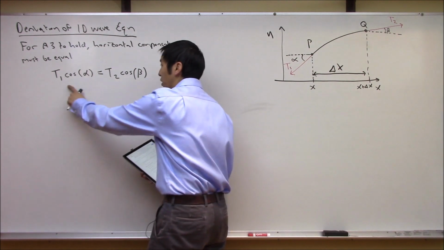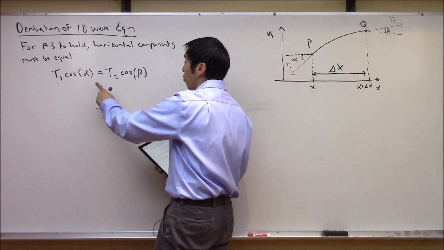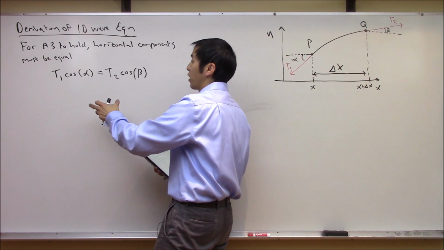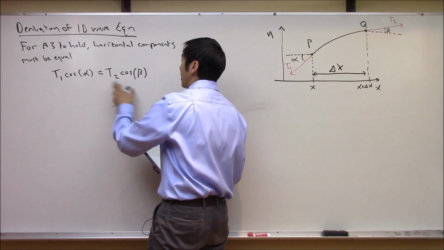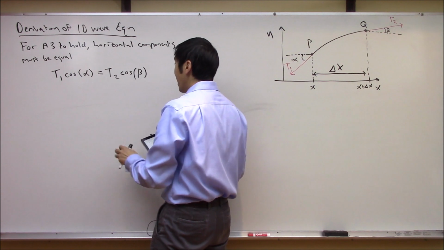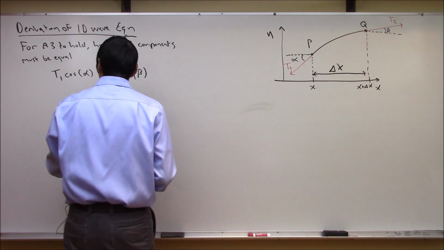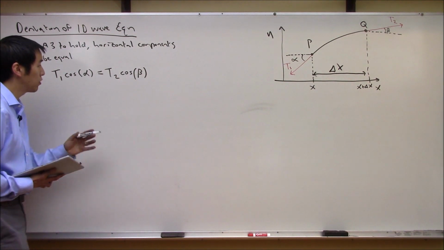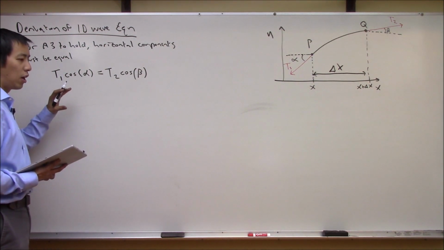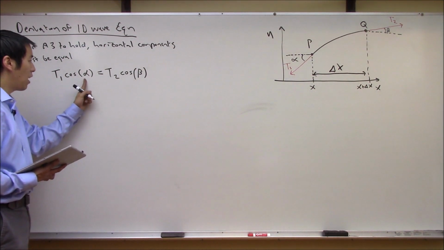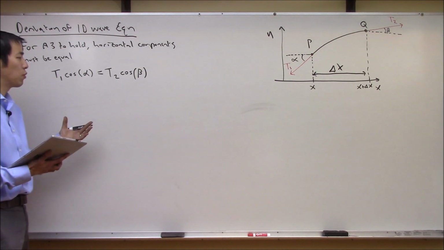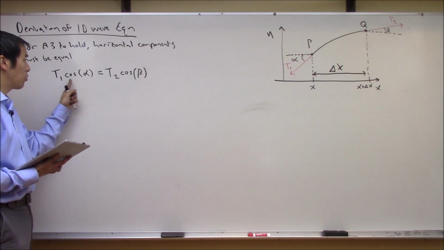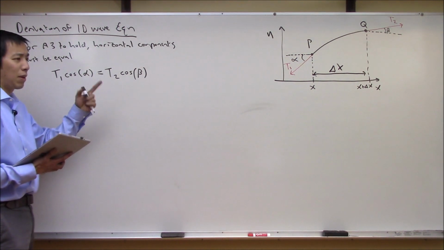Like we were talking about earlier, in order for assumption A3 to hold, mainly that the string doesn't move in the transverse direction, the horizontal components had to equal each other. Now remember one of our other assumptions, I believe A5, which unfortunately I erased but hopefully you have in your notes, is that the slopes were all small. Namely alpha and beta were small everywhere. If alpha and beta are small, cosine of something small is basically 1.